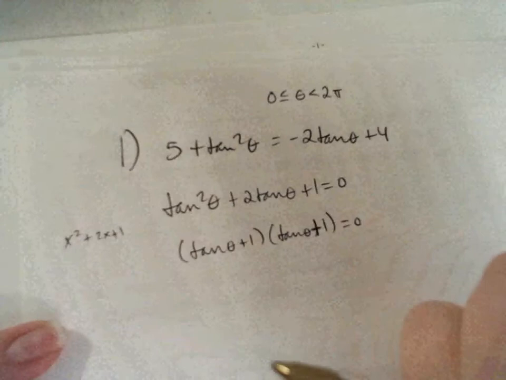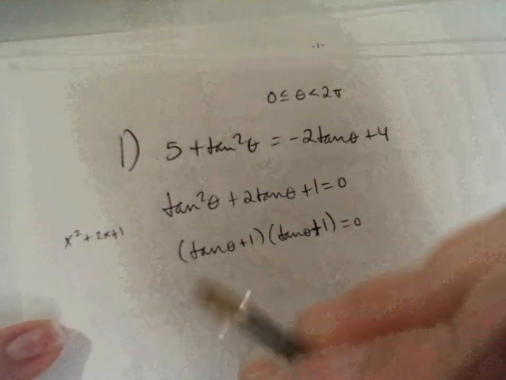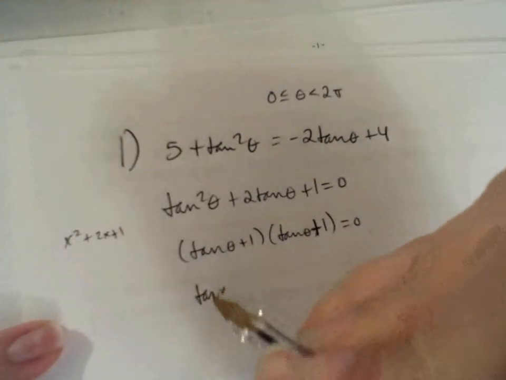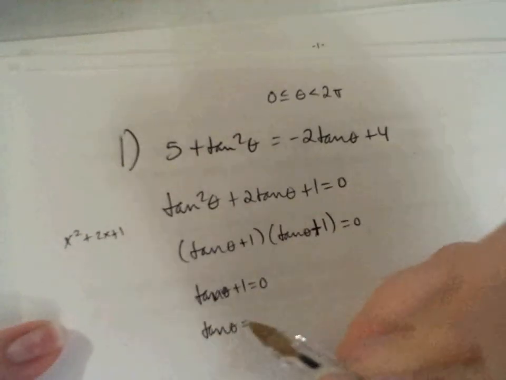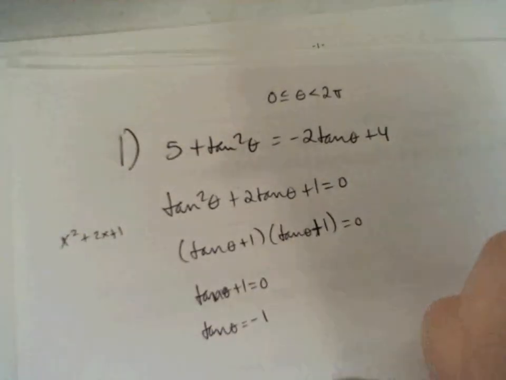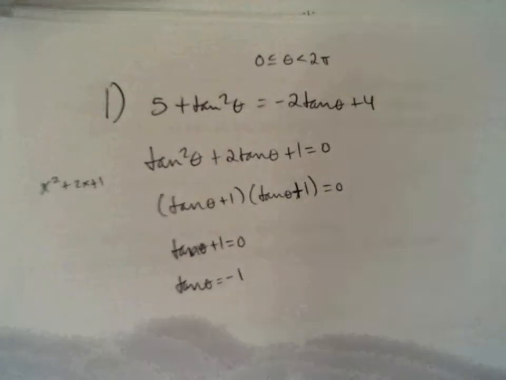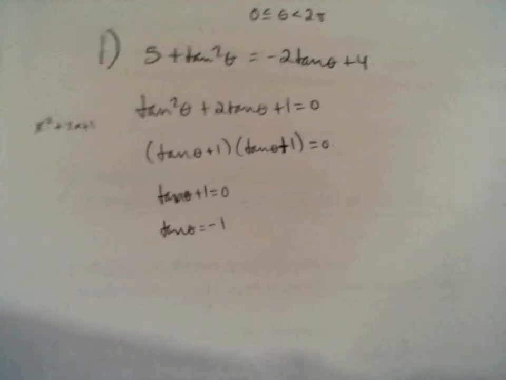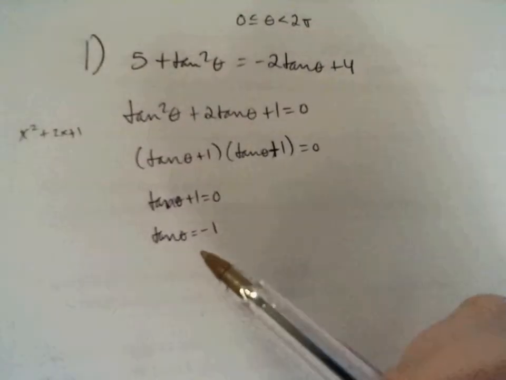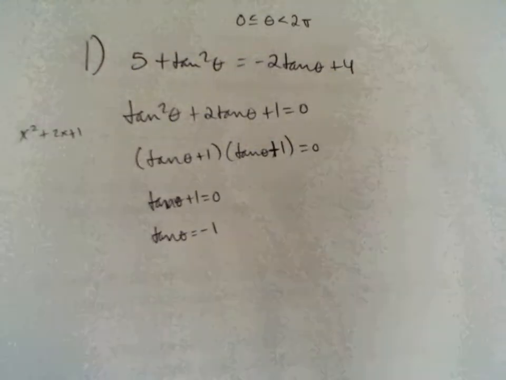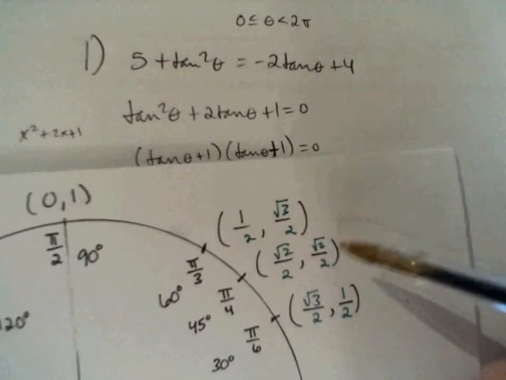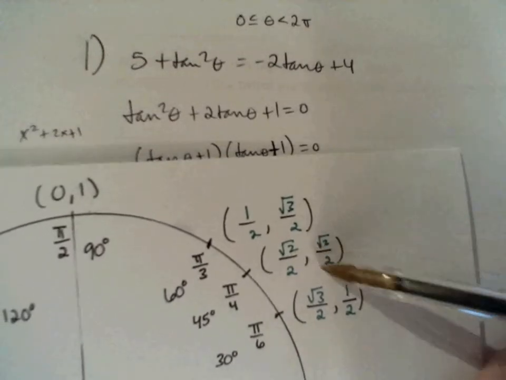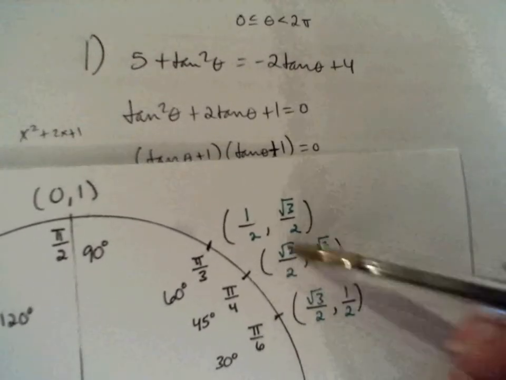Okay, so I really just need to know when tangent theta plus 1 equals 0, or when tangent of theta equals -1. So as far as tangent equaling -1, tangent is sine over cosine, right? The only way that you're going to get 1 is when you divide something by itself, and the only way that you're going to get -1 is if one of those is negative and one's positive. Square root of 2 over 2 and square root of 2 over 2, if I were to divide the sine by the cosine, I would get 1, but I need -1.